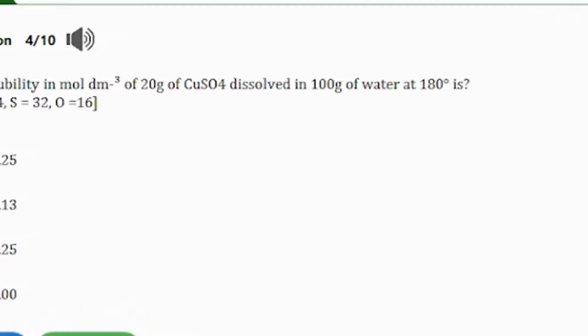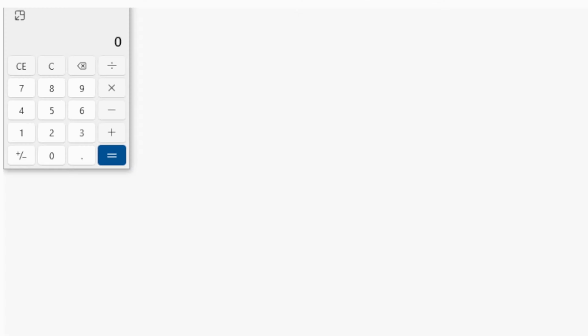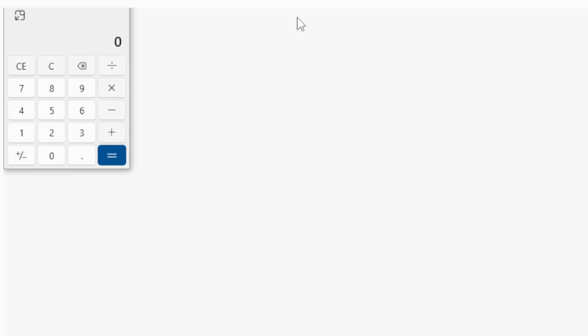So guys, let's just quickly zoom into our workspace here. So the first thing to remember is that the number of moles of a substance is the reactive mass over the molar mass. So number of moles is always the reactive mass over the molar mass. So we're going to write it down here.